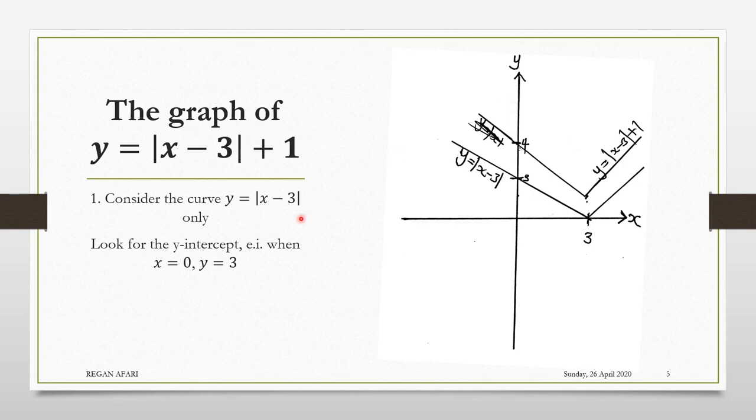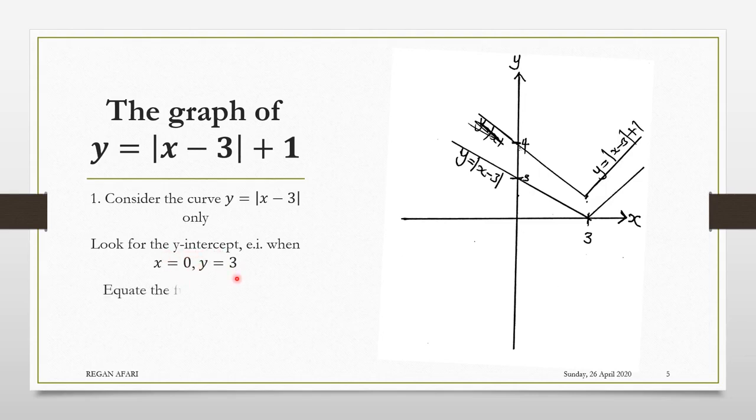There is a general rule in mathematics that at the y-axis, x is equal to 0. So when we put 0 into this function, we have y equals the absolute value of negative 3. From our knowledge of modulus, the absolute value of negative 3 is 3. So now we know that the y-intercept is (0, 3).